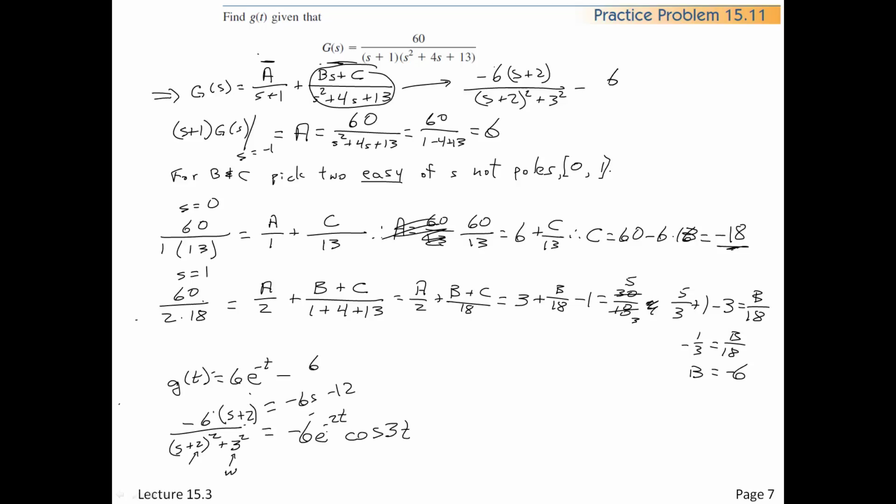So it'll be minus 6 over, same thing, s plus 2, the quantity squared, plus 3 squared. So what have we got? This is looking a lot like the cosine, which we got, cosine of 3t. And this, if I break this into 2 times 3, this is omega. Right? So this whole thing is looking like the sine of 3t. So I think we have it now.